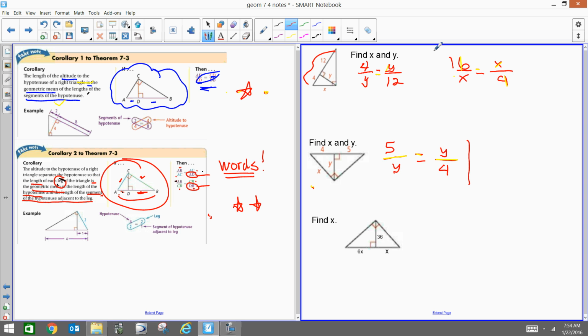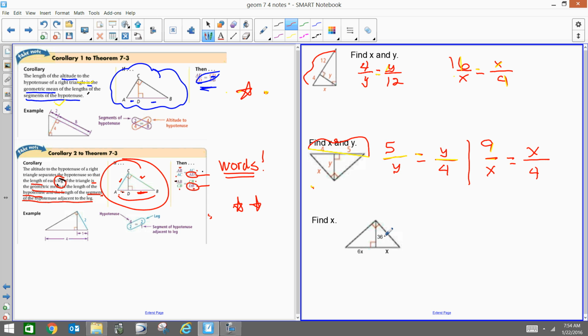And then the leg again is X, between the hypotenuse, 4 plus 5, 9. This is your hypotenuse. And the segment of the hypotenuse adjacent to leg X, which is 4.